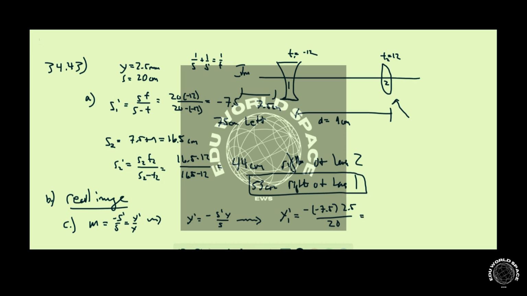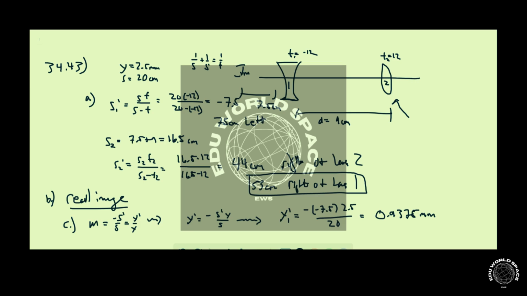Let's plug that in our calculator, and we should see negative negative 7.5 times 2.5 divided by 20. So this is 0.9375. That's going to be in millimeters. And we can see that it's positive, so that means it's upright.